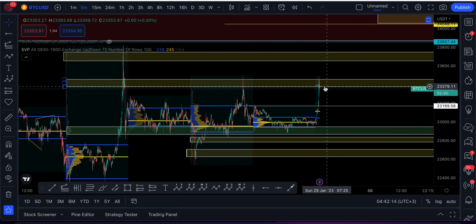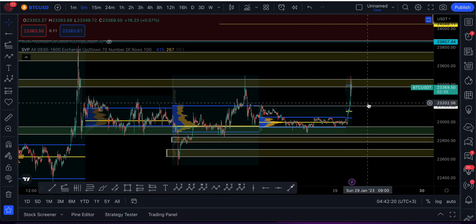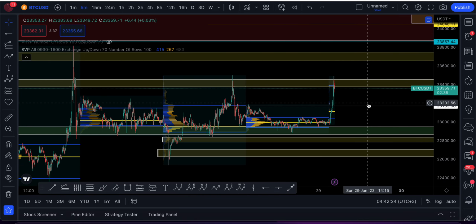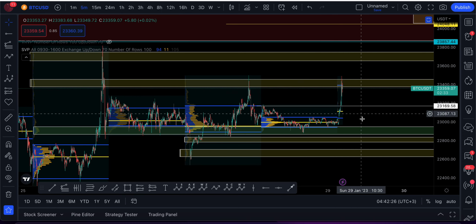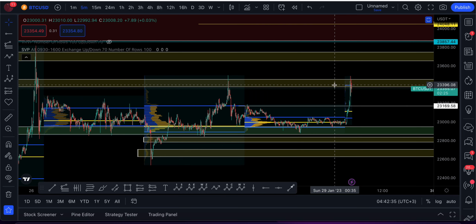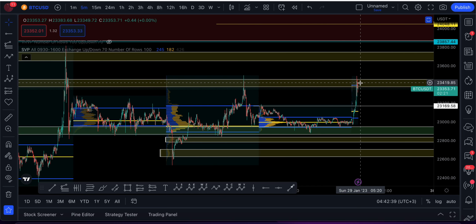So as we can see, we are first testing this resistance. So let me expand the chart. We see what is happening. So currently it's kind of being rejected, but that doesn't mean that price will reverse, right? What I would like to see is this resistance to be turned into support.